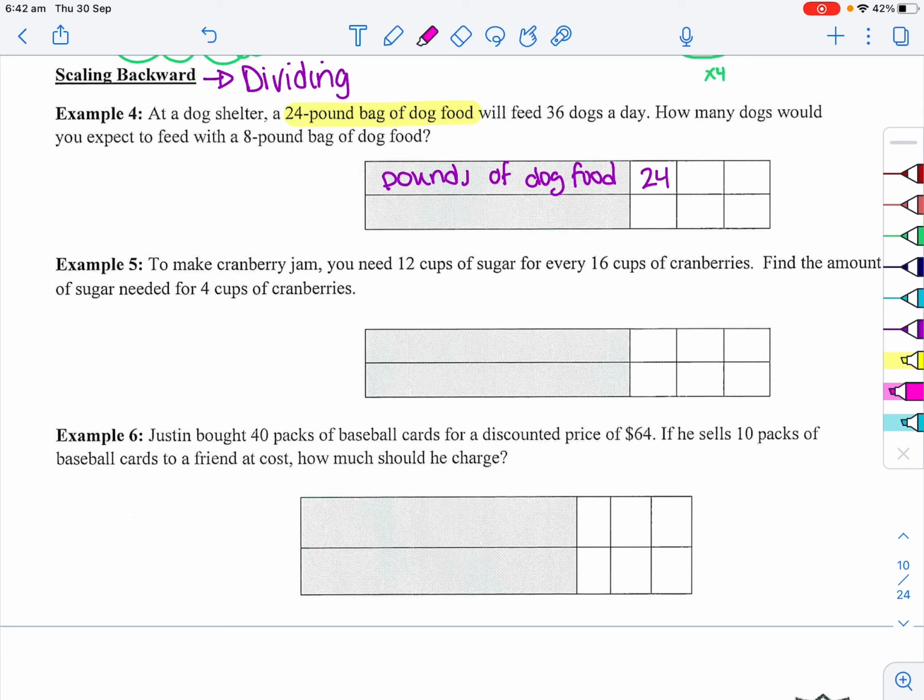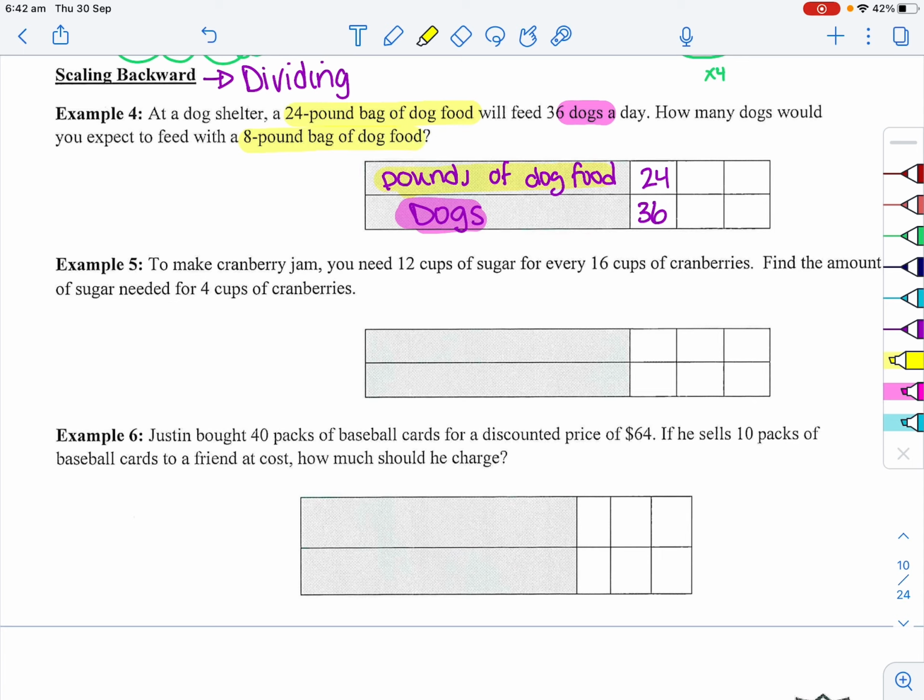We'll feed 36 dogs. So I'm going to have dogs, and there are 36. So pounds of dog food and dogs. How many dogs would you expect to feed with an 8-pound bag of dog food?